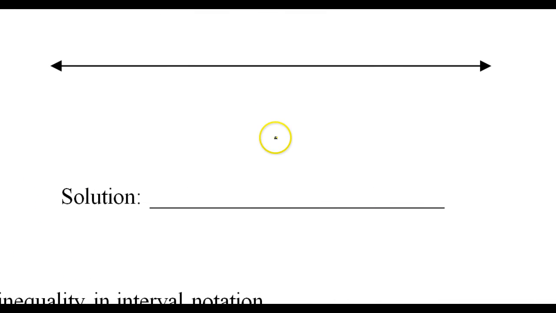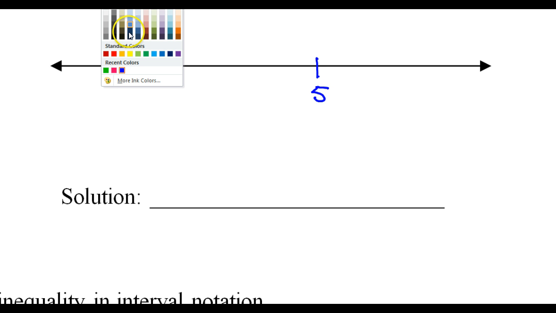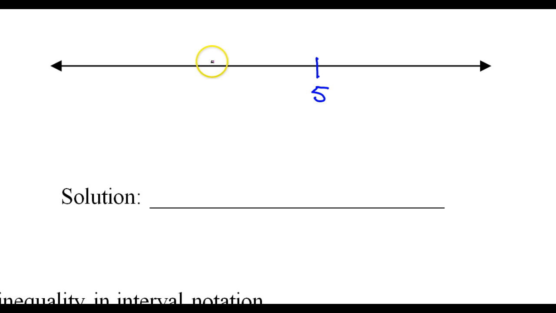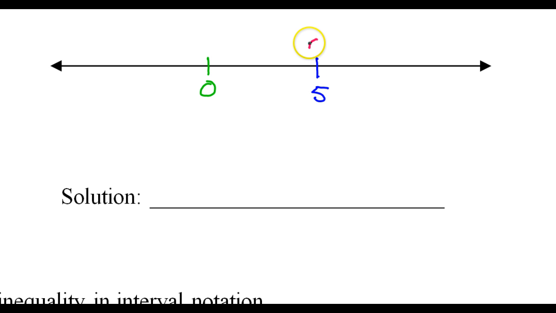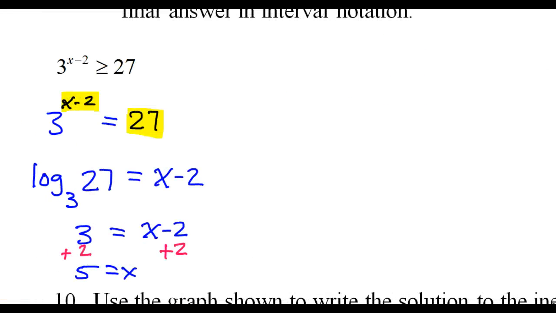So let's go to the number line, Batman. So here we have our critical value of 5. I'm leaving a little space because I often like to involve 0 in this. So here's 0 over here somewhere. But anyway, back to the 5. Let's put a mark there. Now, is this going to be an open circle or a closed circle?